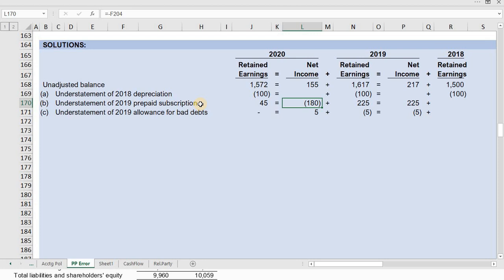So in letter B, the number of years affected is 3 years. But for letter C, the number of years affected is only 2. That is why at the end of the 2020, the retained earnings is already correct. But for letter B, the error will be fully corrected at the end of 2021.